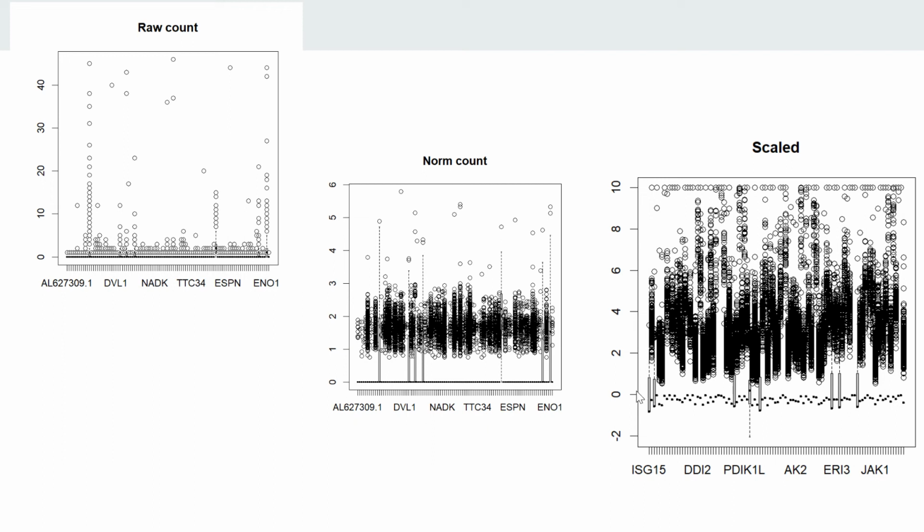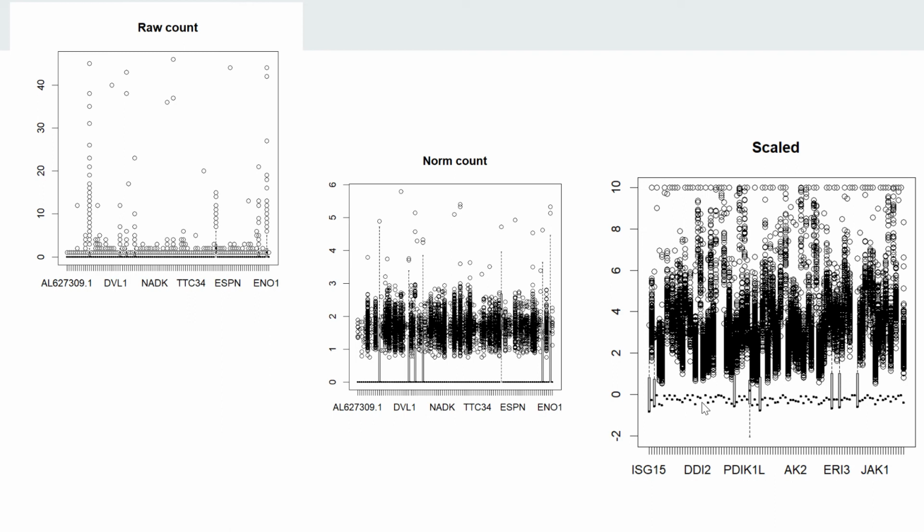So scaling makes the centering around 0, the mean is 0 for all the genes, and the standard deviation is 1. Observations will be some x standard deviations away from that mean. Because of scaling, all the genes are comparable.